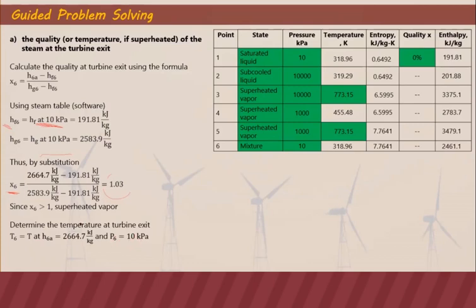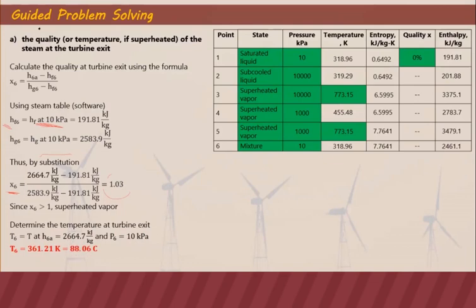Take note that even if it is a superheated vapor, it still belongs to the same pressure line. That's why we can still use 10 kPa. So using pressure and enthalpy at point 6A, our temperature using the software is 361.21 Kelvin, or 88.06 degrees Celsius.